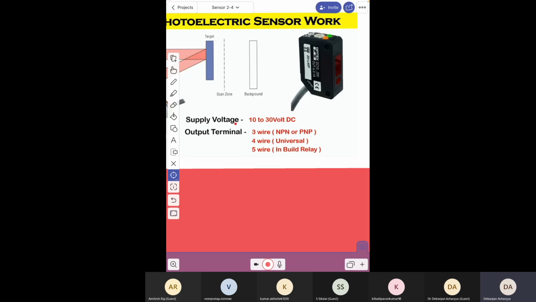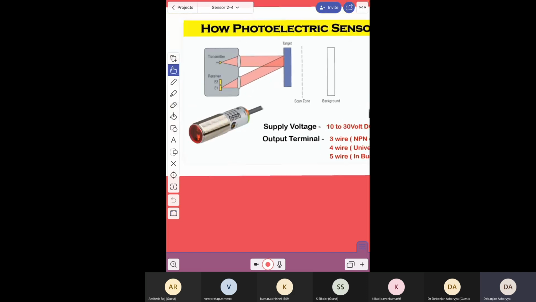If we look at the schematic diagram of this kind of photoelectric sensor, you have a transmitter and a receiver.